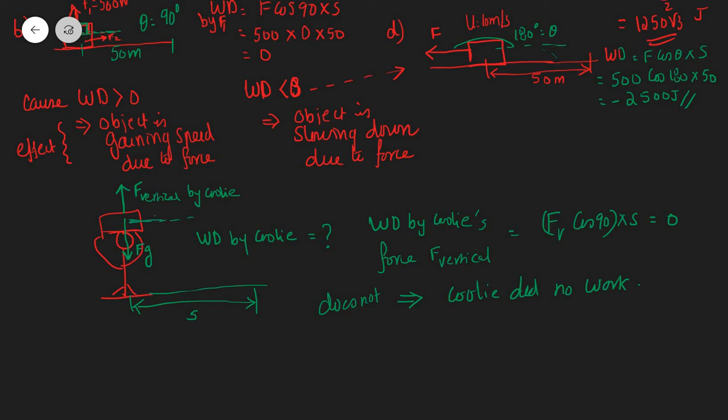He must have applied some force horizontally for that movement. So it does not imply the coolie did no work. Please keep in mind that the work done by the coolie's vertical force, F vertical, against gravity is what did not result in any displacement.